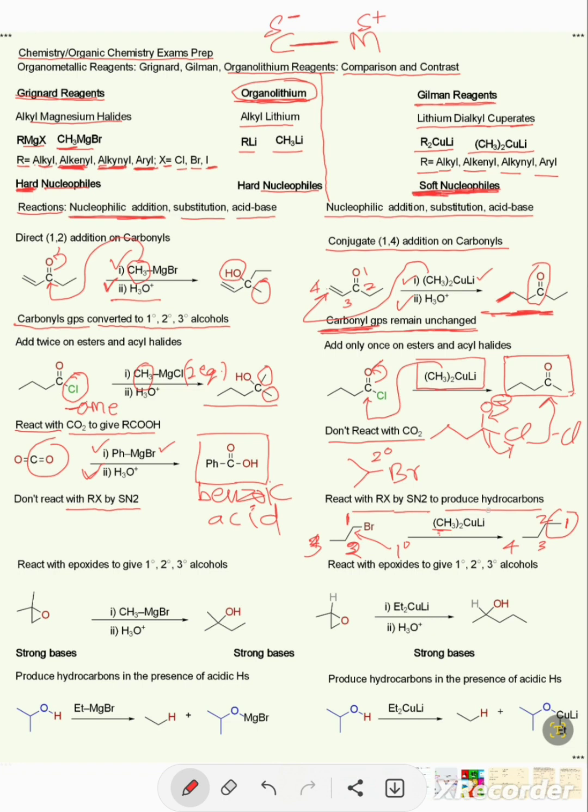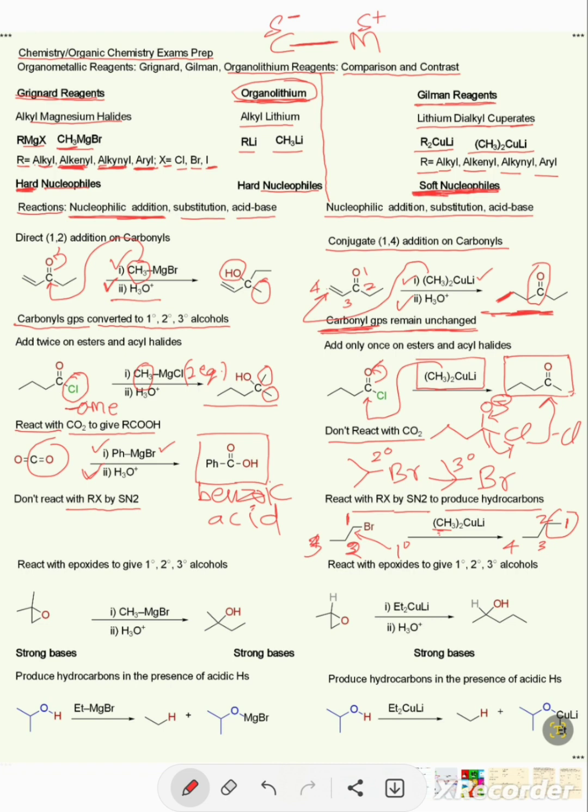The Gilman's reagents are not really very good with secondary or tertiary alkyl halides because the steric hindrance becomes too great for them to overcome in the transition state. So the activation energy is too great in case of secondary and tertiary alkyl halides.